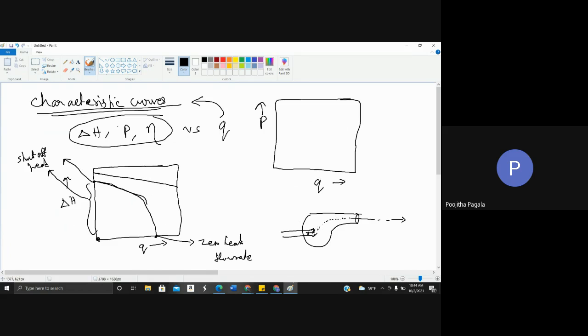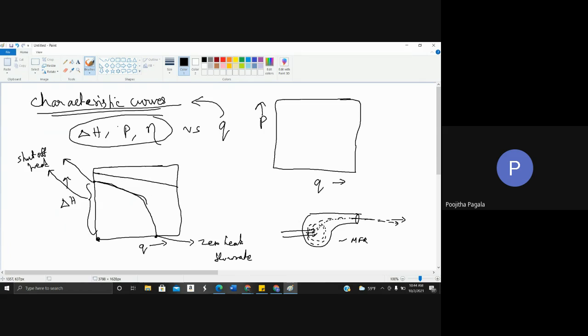But in reality, it is highly possible that a fluid particle which enters the centrifugal pump is going to circulate around in the pump for some time and then leave the pump. So this is kind of like a mixed flow reactor, where in the ideal case you don't exactly know how much time a particle is going to spend inside the pump.